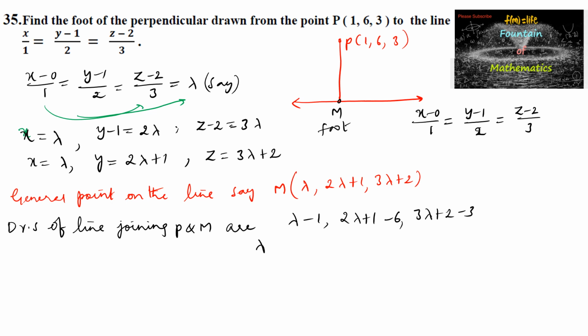That is lambda minus 1, 2 lambda minus 5, and 3 lambda minus 1 are the direction ratios of the line. And we also know the direction ratios of the given line. The direction ratios of the given line are 1, 2, and 3, the denominators we have.